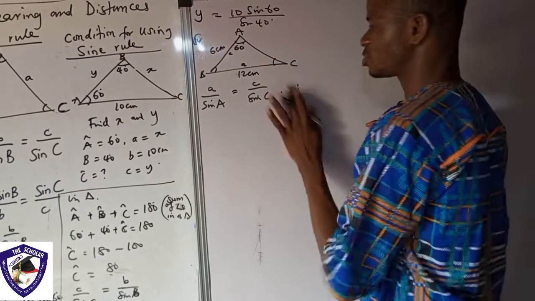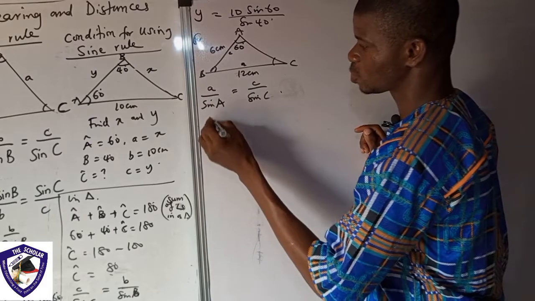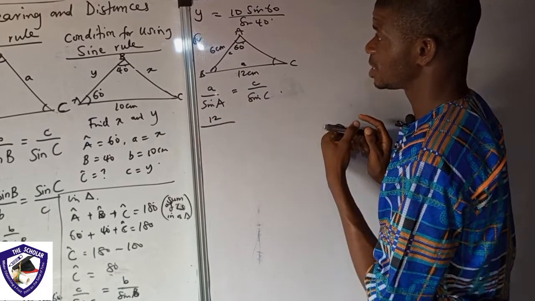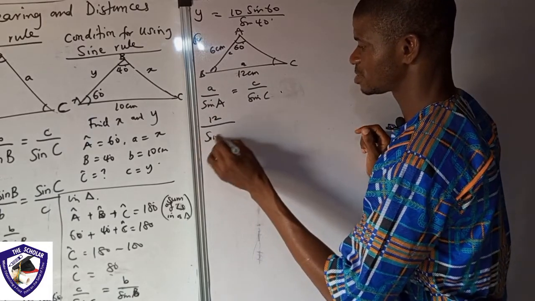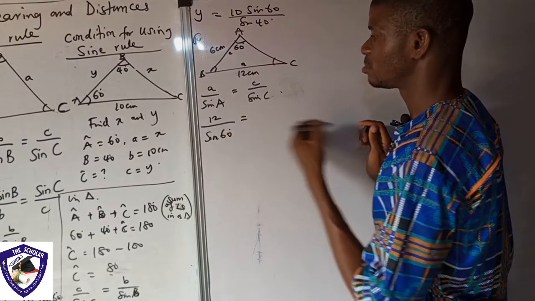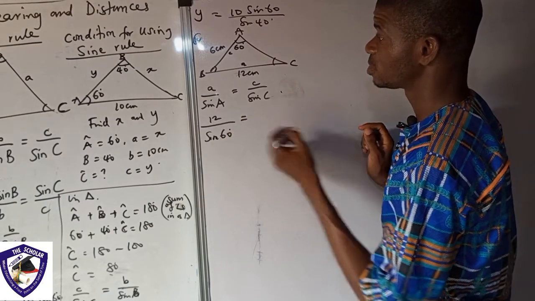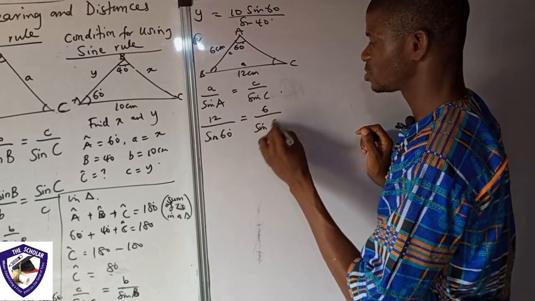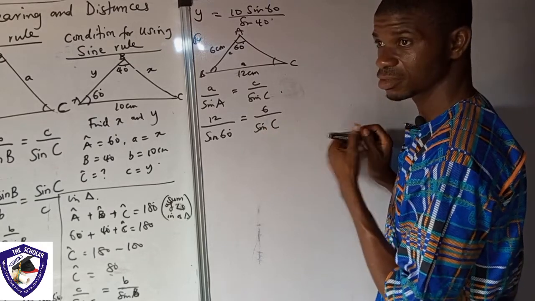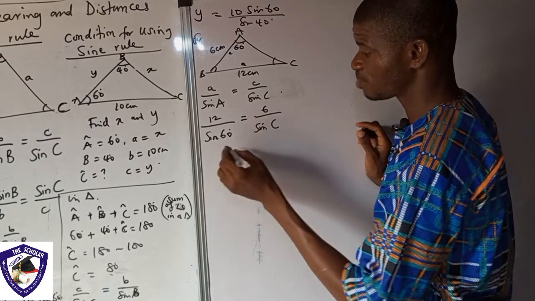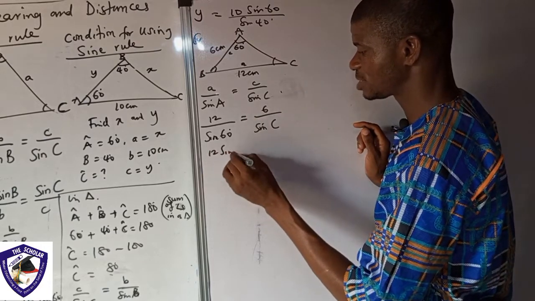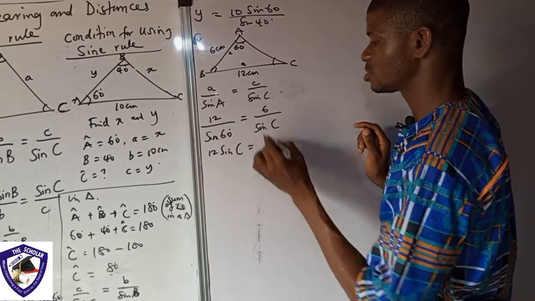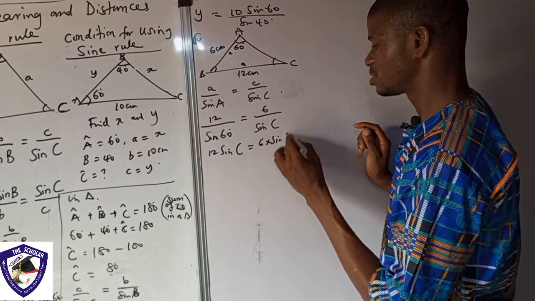Using the first two ratios, my a is 12 over sine A, that's sine 60 degrees, and my c is 6 over sine C, unknown. So you can see that there is only one unknown. If you cross multiply, we have 12 sine C is equal to 6 times sine 60 degrees.